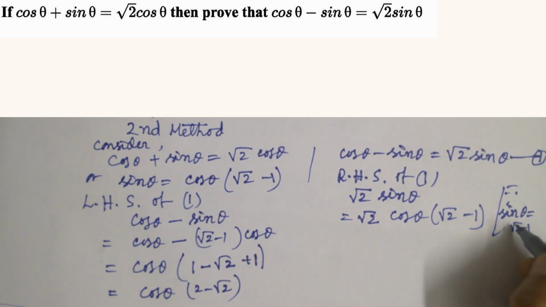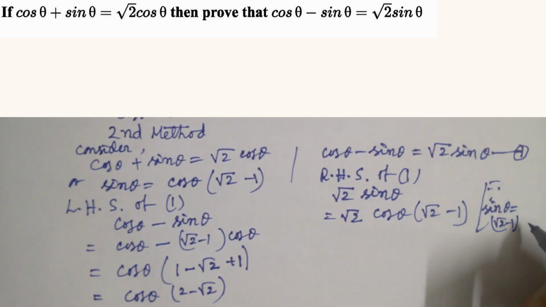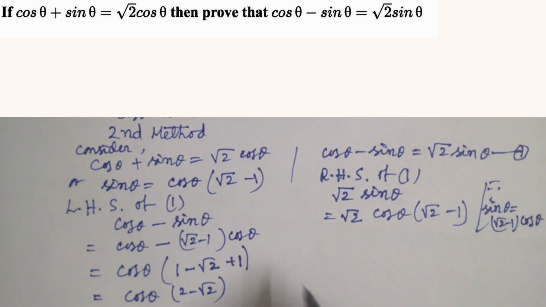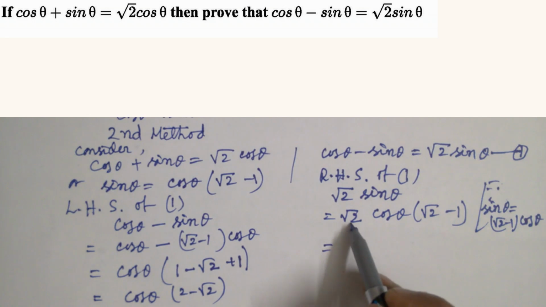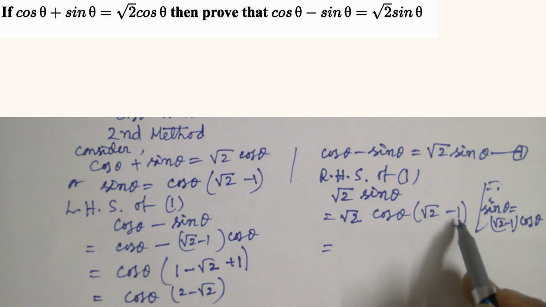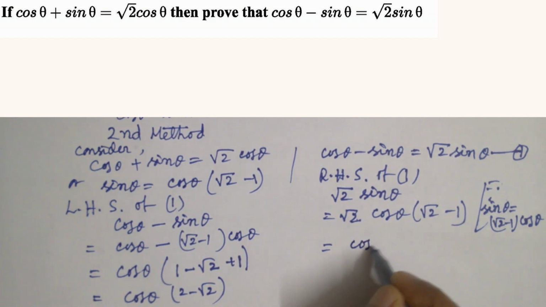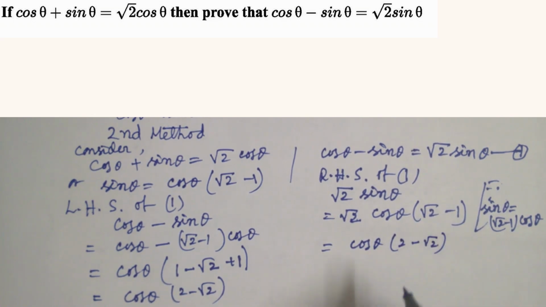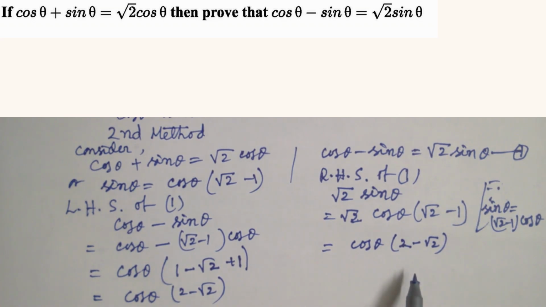So root 2 sin theta is equal to cos theta times root 2 into root 2 minus 1. Multiply root 2 to root 2 minus 1, so cos theta multiplied by root 2 gives root 2 into root 2 minus root 2. Obviously see, the left hand side of 1 is equal to the right hand side of 1.